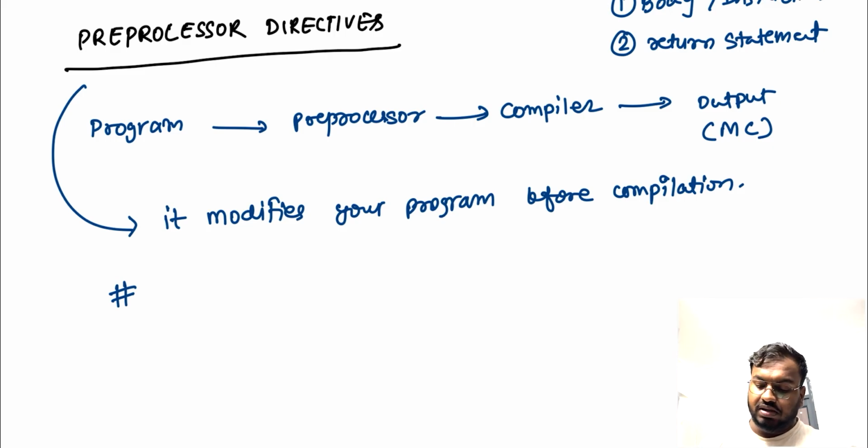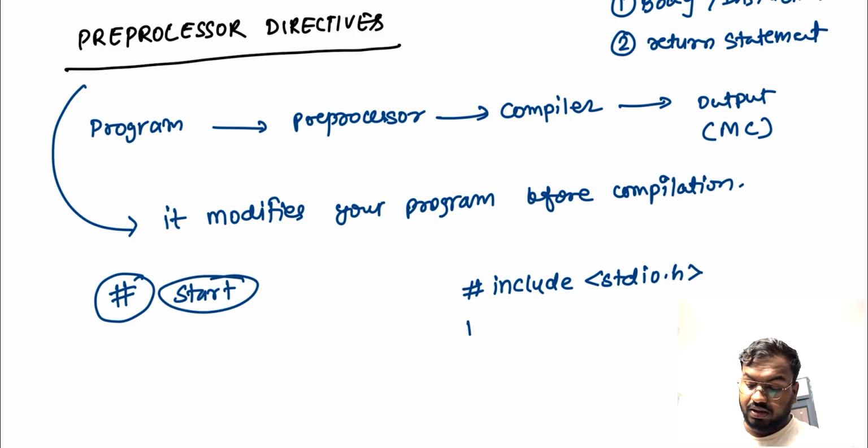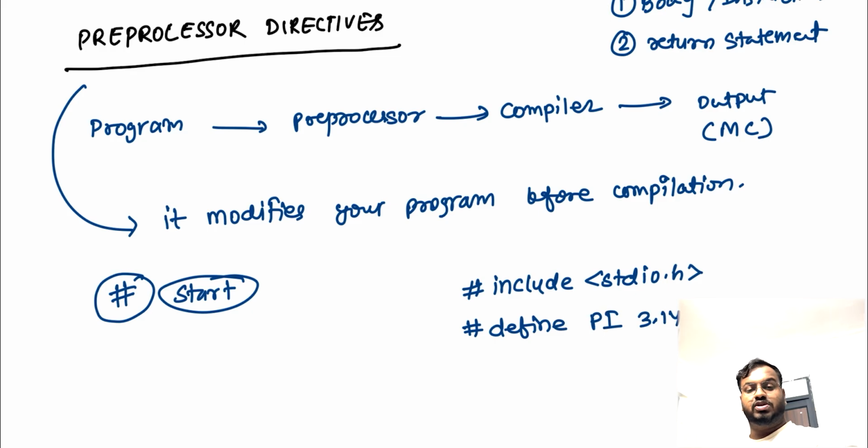For example, see hash include. This is starting with hash. So instructions which start with hash are preprocessor directives. One more preprocessor directive is hash define PI 3.14. See, this is an example of a preprocessor directive.